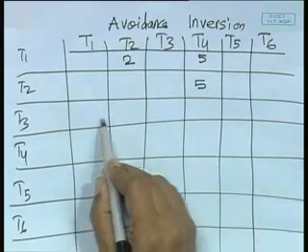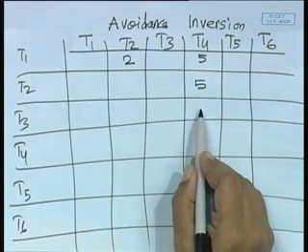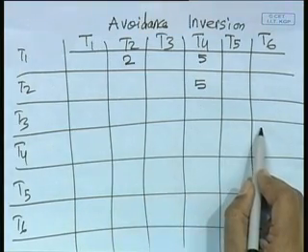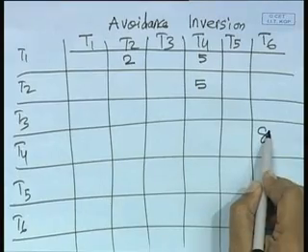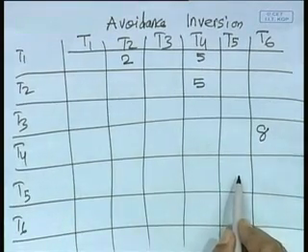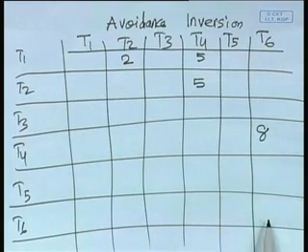T3 does not need any resource, does not undergo any inversion. T4 undergoes on account of T6 for 8, and T5 does not need any resource, does not undergo any avoidance inversion. T6, lowest priority, does not undergo any avoidance inversion.